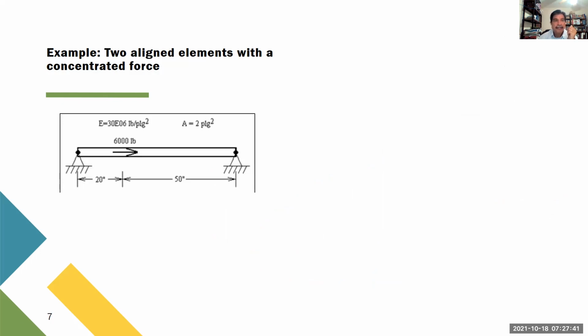Let's suppose that we have this case. In this case, you see that this end and this end develop reactions. This is a reaction 1 and a reaction 2. So this example is an indeterminate case.